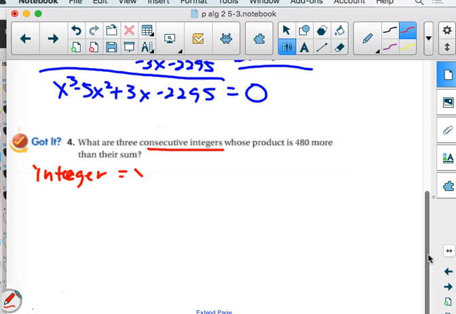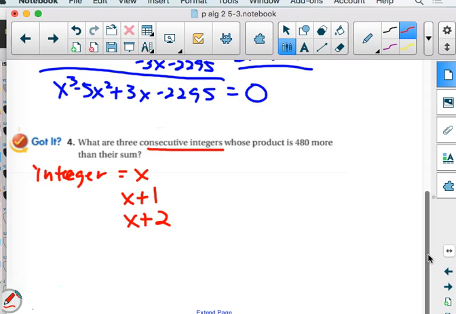There we go. So their numbers like 3, 4, and 5. So if this is my lowest one, how do I get to the next one? How do you get from 3 to 4? You add 1. How do you get from 3 to 5? You add 2. Those are consecutive integers. So x, x plus 1, and x plus 2.